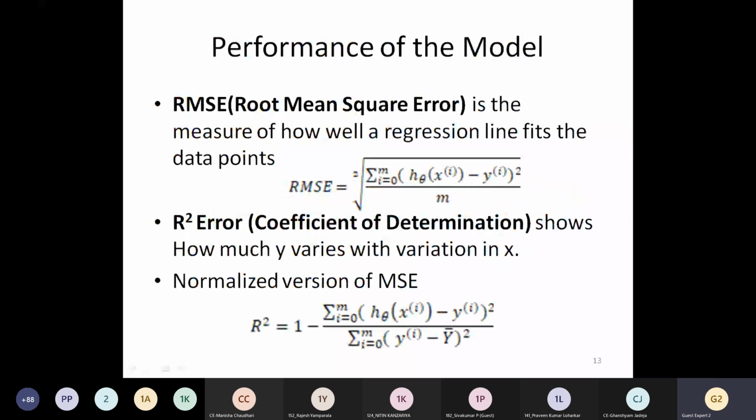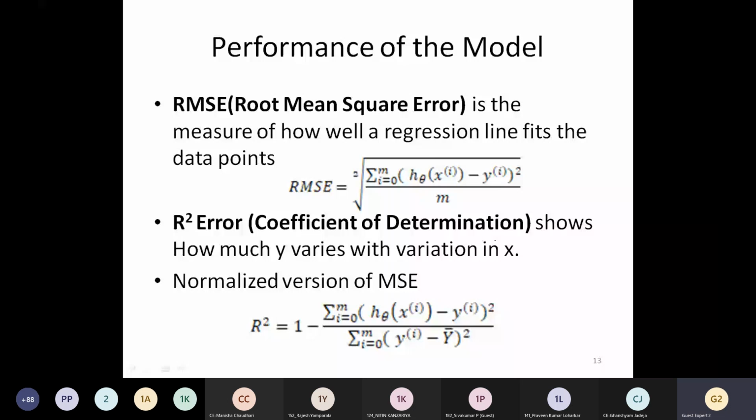Now, after finding out the hypothesis, we need to check the performance of our model. Because while discussing the definition of a machine learning algorithm, I have shown you that you have to estimate your model for solving your problem in such a way that after each iteration, performance should improve.